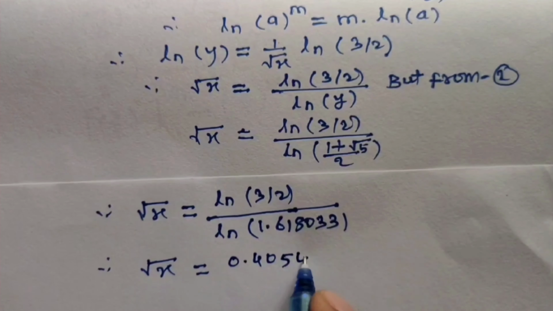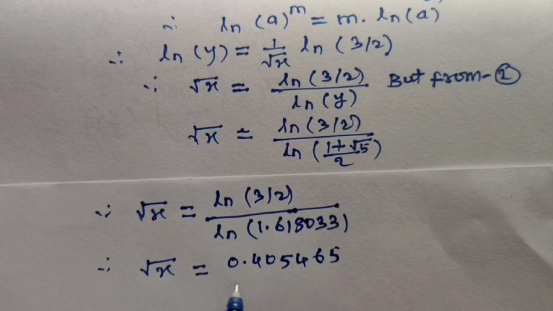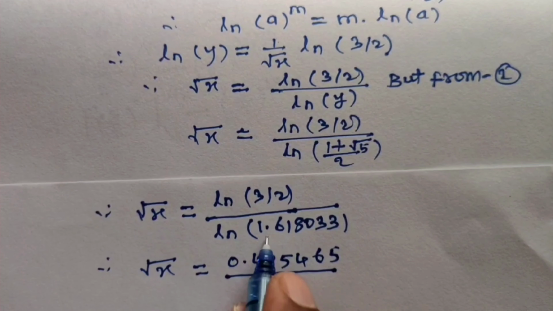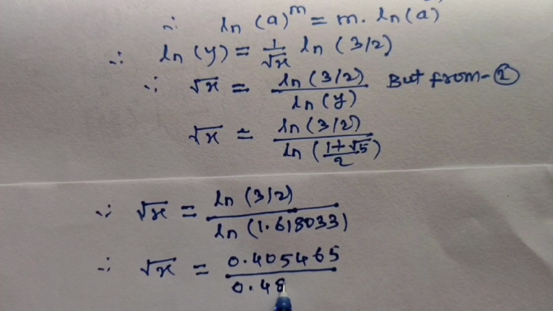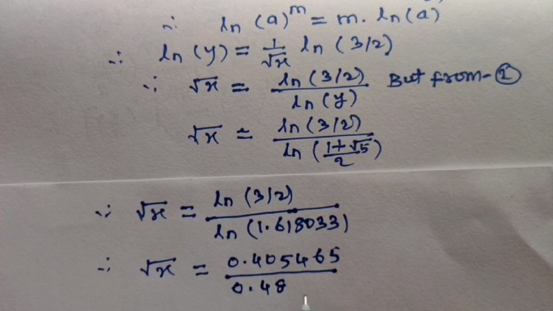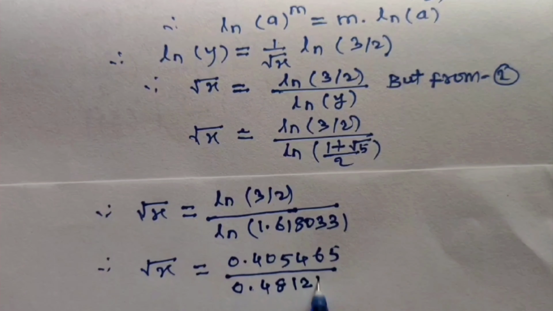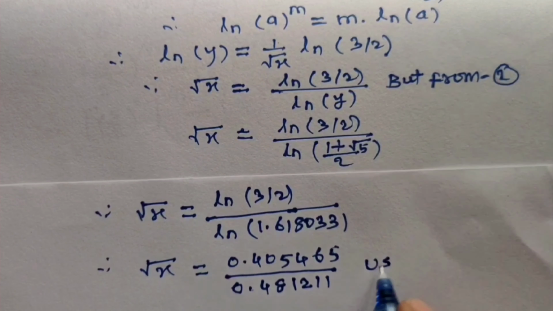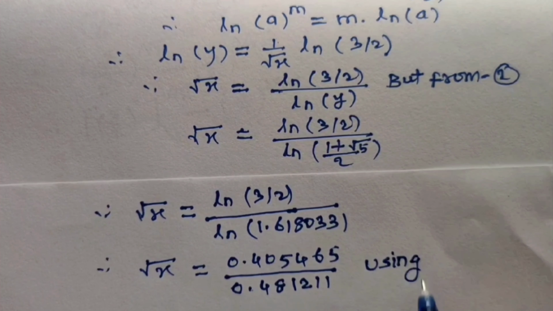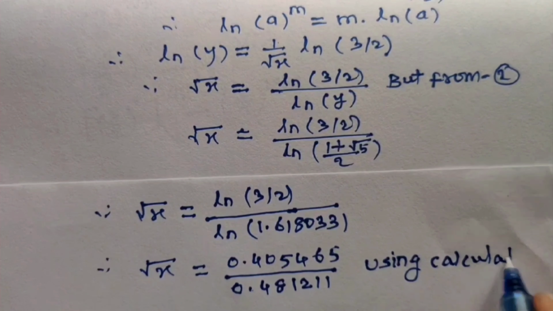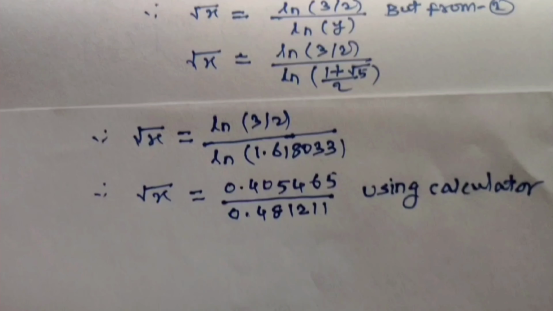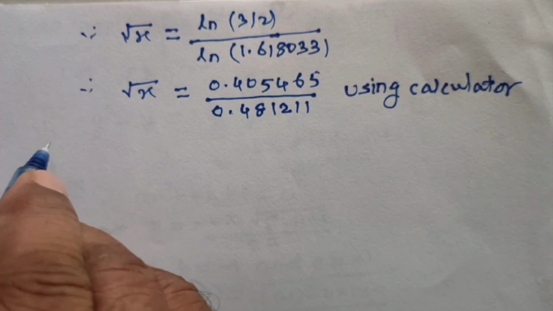Hence square root of x is equal to the value of ln of 3/2, which is 0.405465, divided by ln of 1.618033, which is 0.481211.